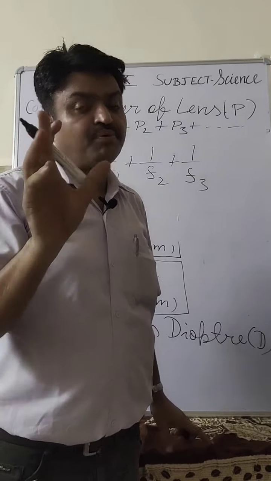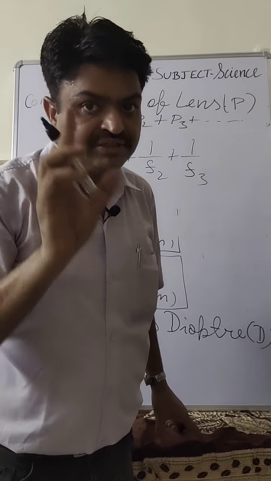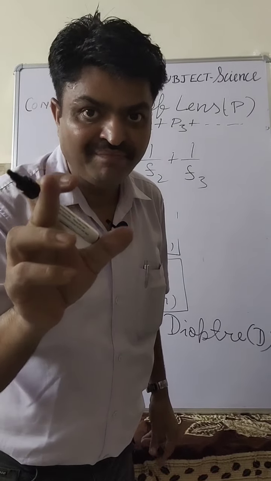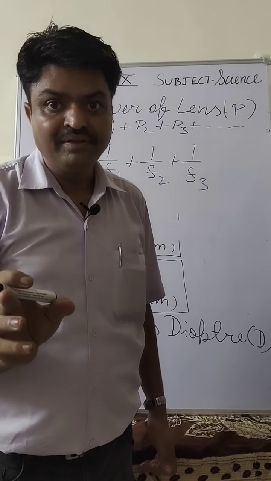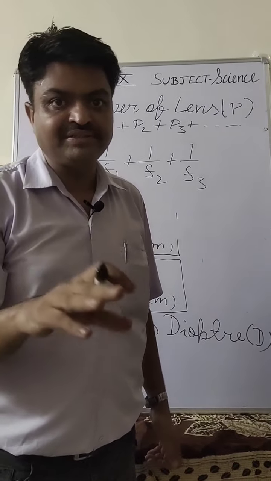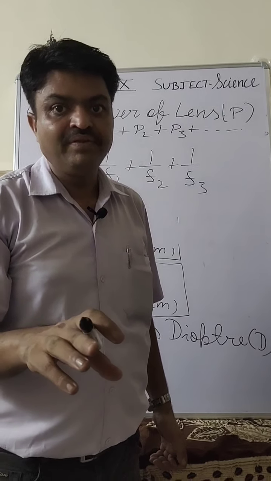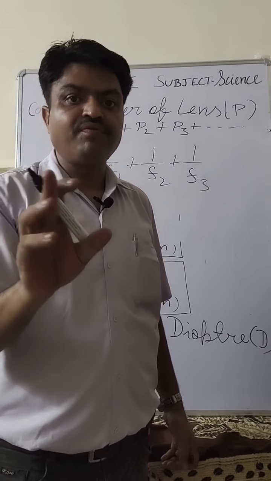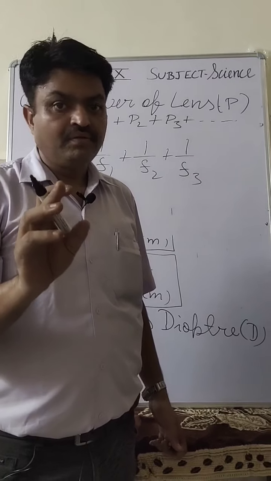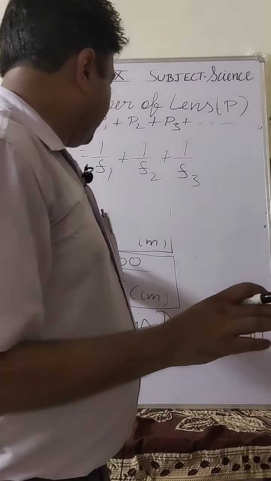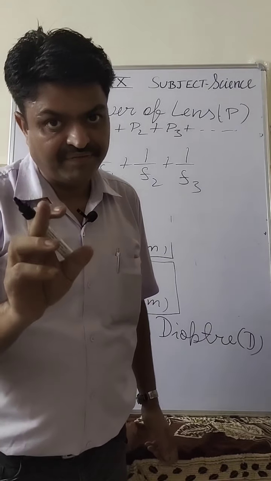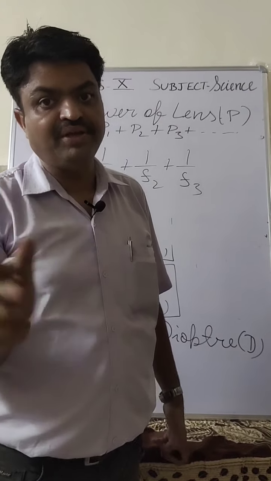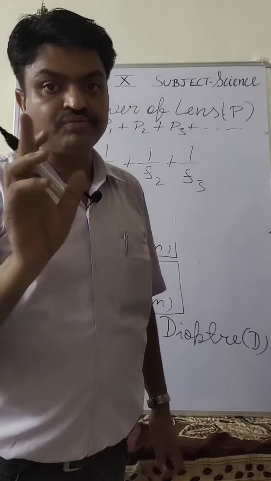So it is the most important concept, student. What is the power of the lens? Now you can tell me. It is the converging or diverging capacity of a lens. And according to the formula, what is its definition, student? It is the reciprocal of the focal length. Its formula is P is equal to 1 upon F, where F means focal length, which should be in meters, student.